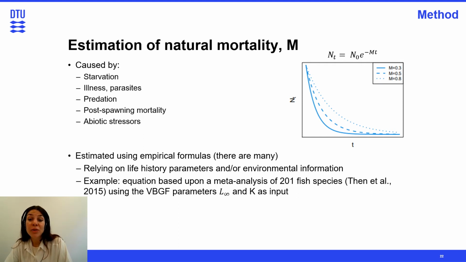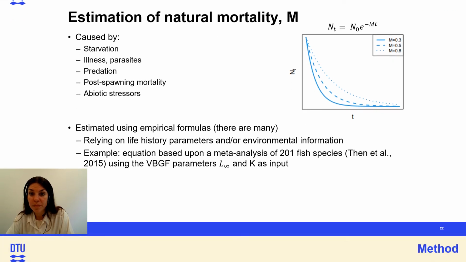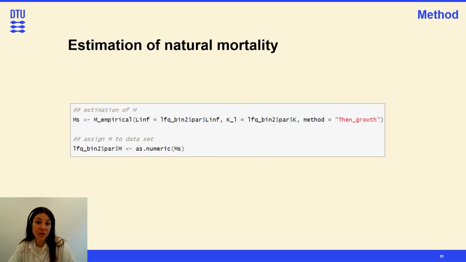TropFishR has several of those formulas included, and here is one example based upon a meta-analysis of 201 species that require estimates of the von Bertalanffy growth parameters. In TropFishR, M can be simply estimated with the function mEmpirical, with only the estimated growth parameters as an input.